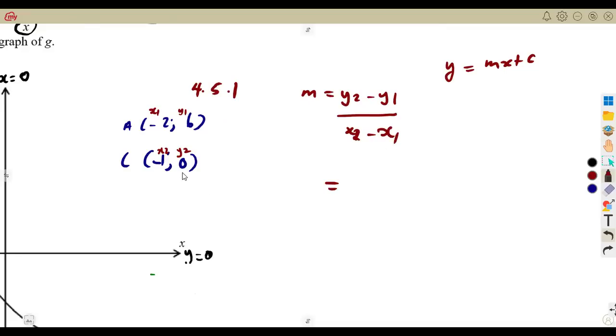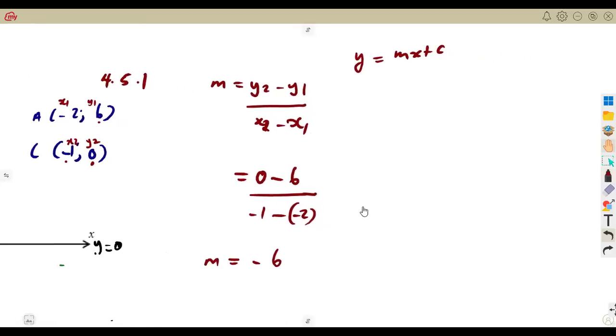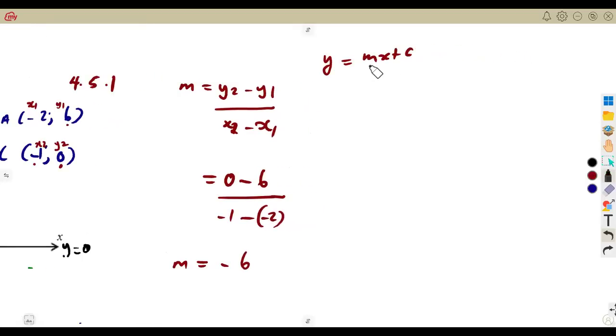So y2, that's a 0 there, minus y1, which is 6, over x2, -1, minus x1, which is -2. Just use your calculator, guys, to simplify this. You are going to obtain -6. This is our gradient, the gradient that you're supposed to substitute in place of m. So y is equal to -6x plus c.